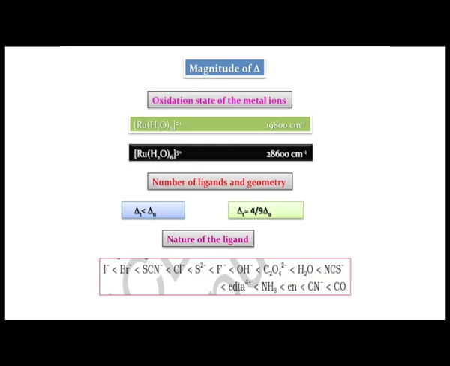So, the number of ligands and the geometry: as we just saw, in the octahedral case we have 6 ligands and the geometry is octahedral, and in the case of tetrahedron the number of ligands surrounding the central metal ion is less. So, the corresponding splitting, that means delta T, will be less than delta O. If we consider the same type of ligands for the same metal ions in the same oxidation state, delta T is about 4/9 of the delta O value.